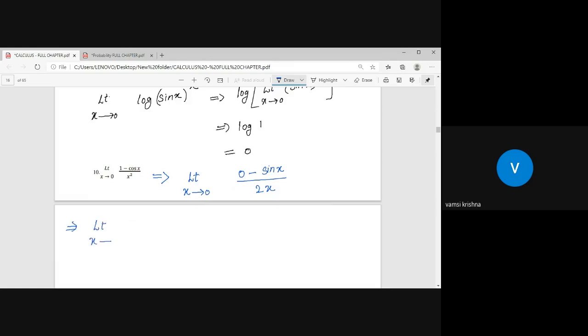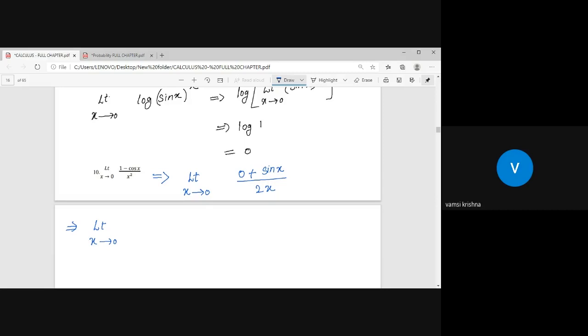Limit x tends to 0, sin x differentiation is cos x. Cos x differentiation is minus sin x, so it will become plus. So sin x by 2x.